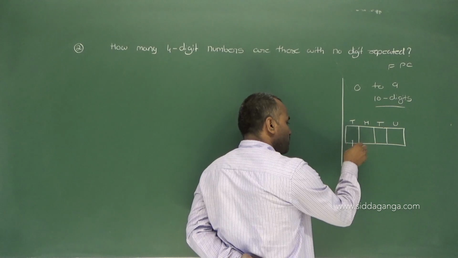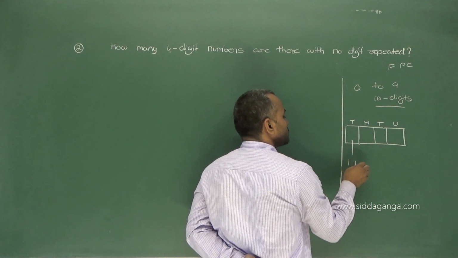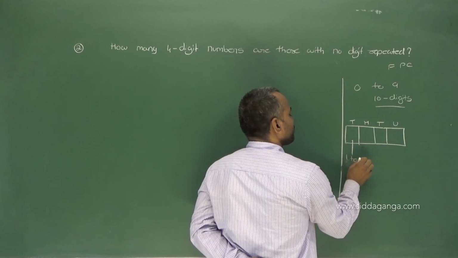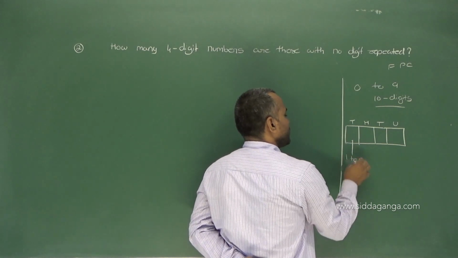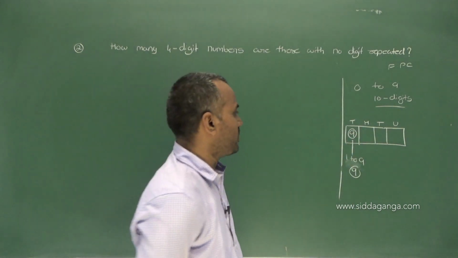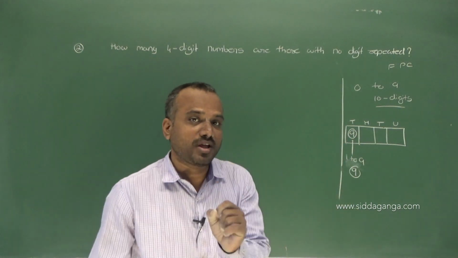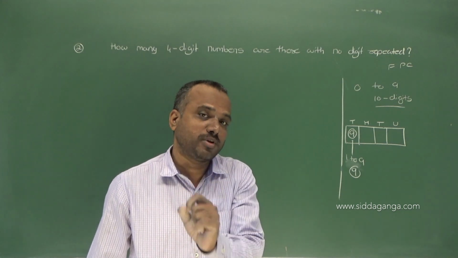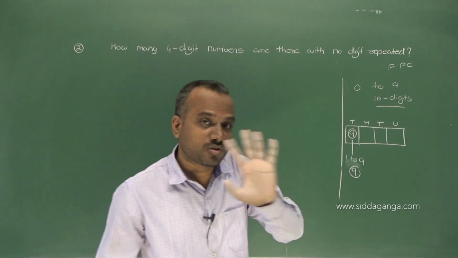So this can be filled in how many ways? 9 ways, 1 to 9 only. Because in the thousands place, if 0 comes, it is not a 4-digit number.